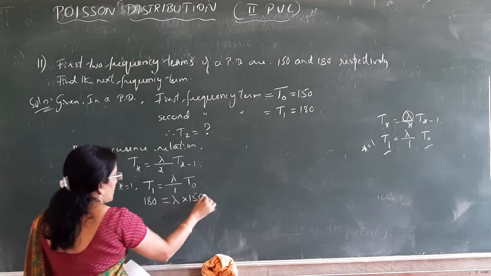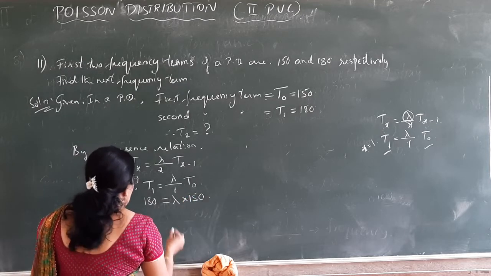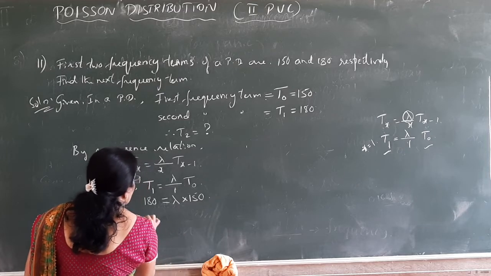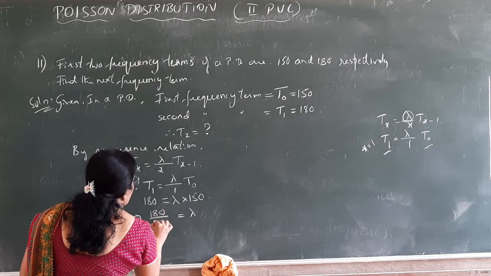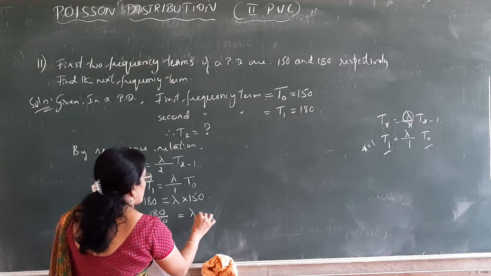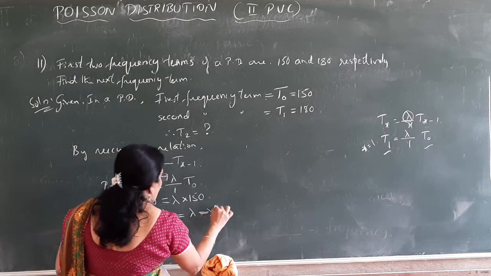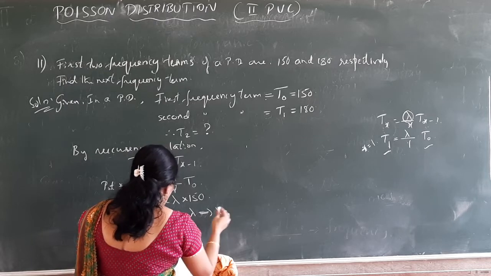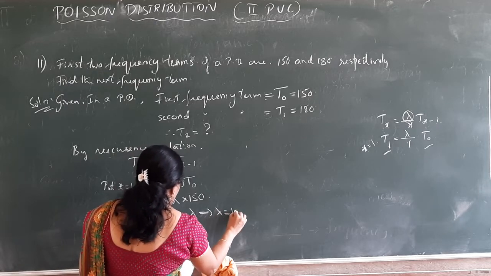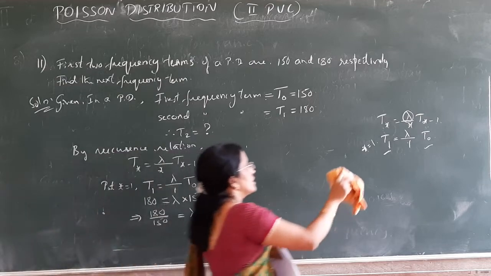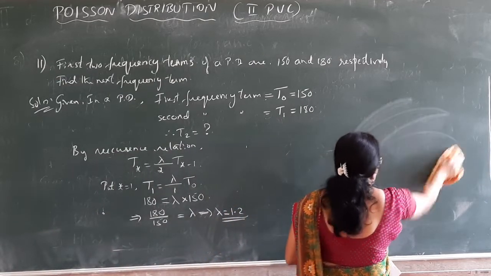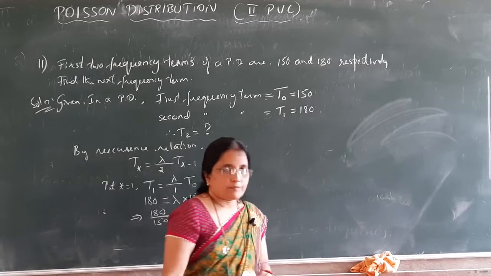T0 is 150. Right? This implies lambda is equal to 180 divided by 150, which is 1.2. So we can observe here lambda equal to 1.2, the parameter, right?